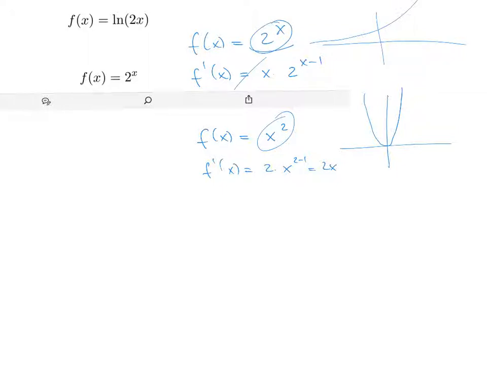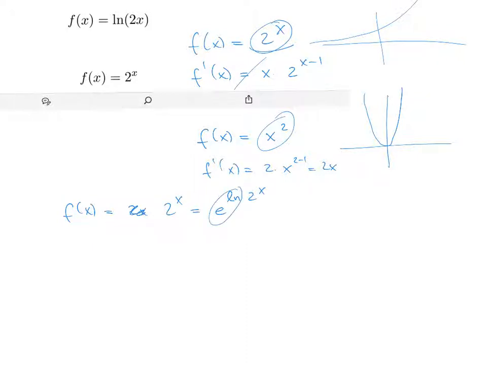And what can we do in this case? Well, here's a little trick. What we could do is write 2 to the power of x as the same as e to the logarithm of 2 to the power of x. Why is that?